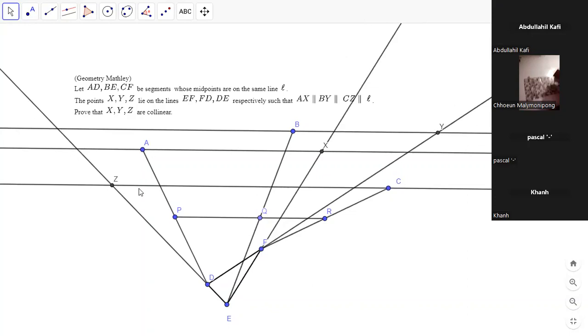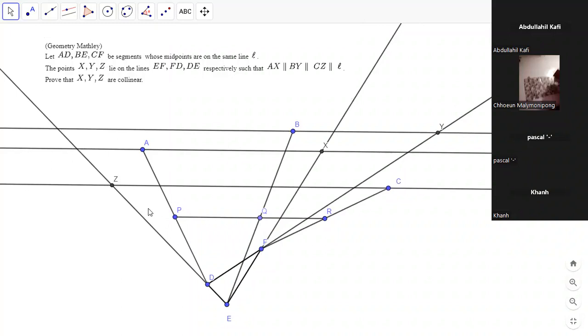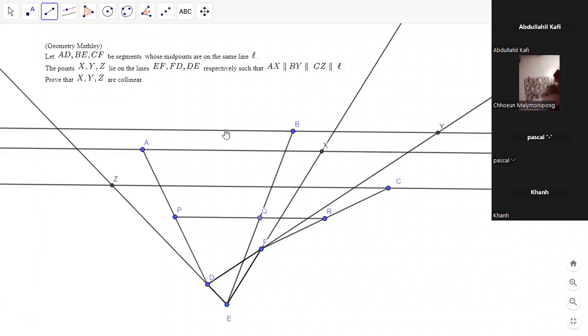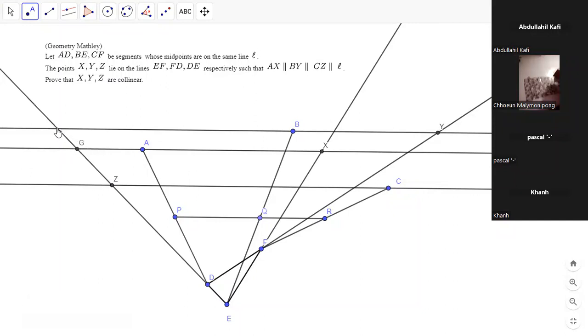Okay. We can try Menelaus on DEF. Okay. Let's see. I'm going to draw a couple points. I'll draw this and this. And hide the rest.